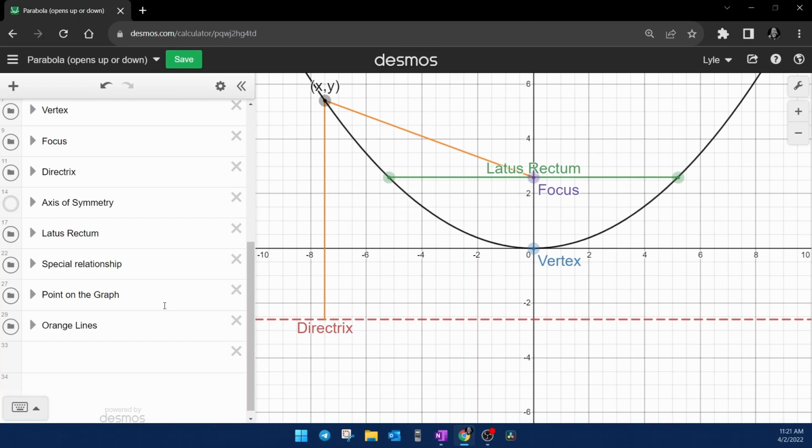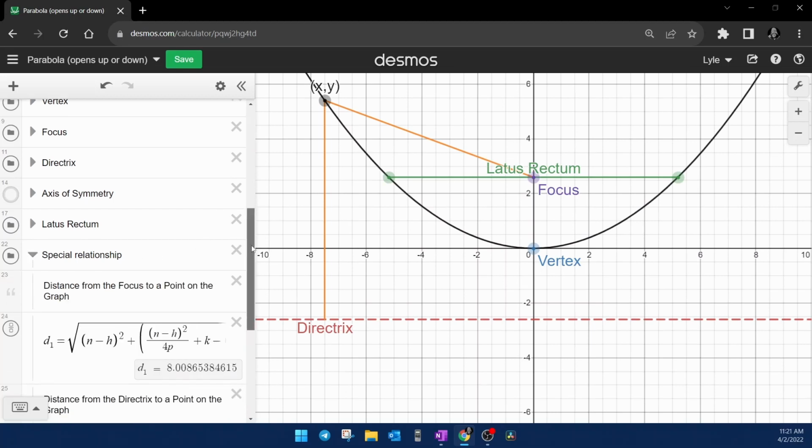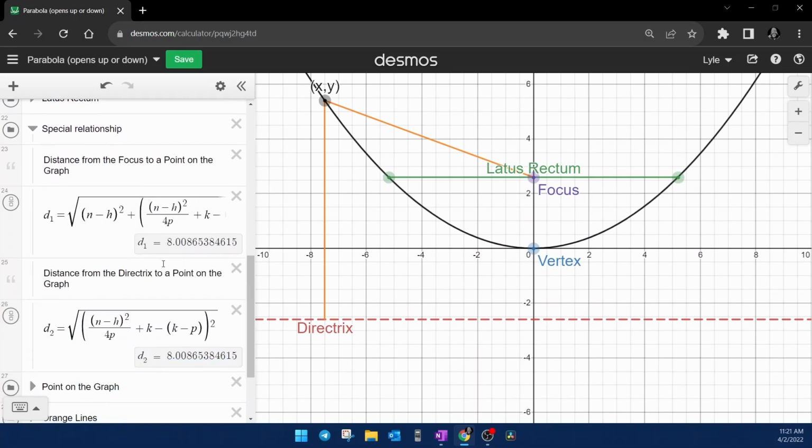So what makes a parabola special is that the length of this orange line from the focus to the point on the parabola is always the same length as the orange line connecting the point on the parabola to the directrix. So again, let's open that up so you can see the special relationship here.